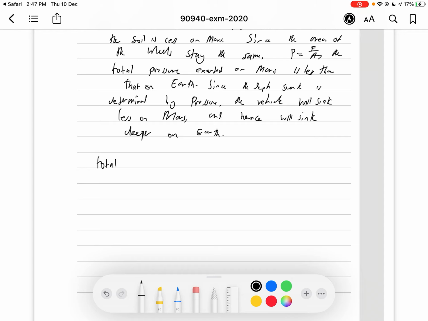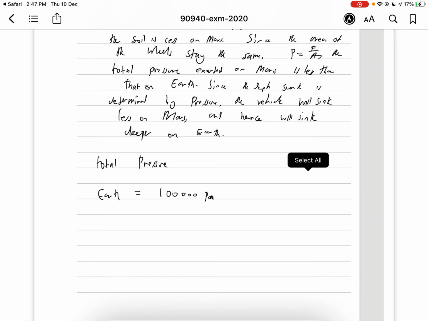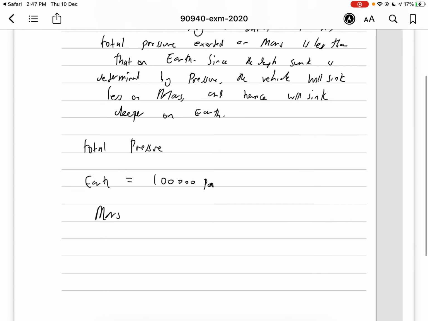In terms of our calculations, the total pressure on Earth was equal to 100,000 pascals. On Mars, F equals 3.7 times 2,500, that was 9,250 newtons.